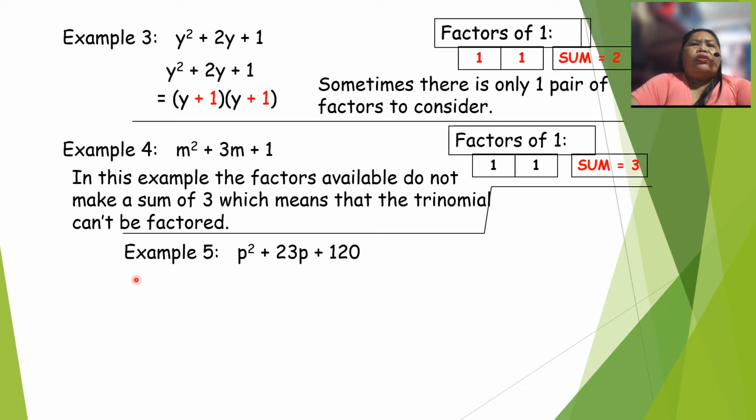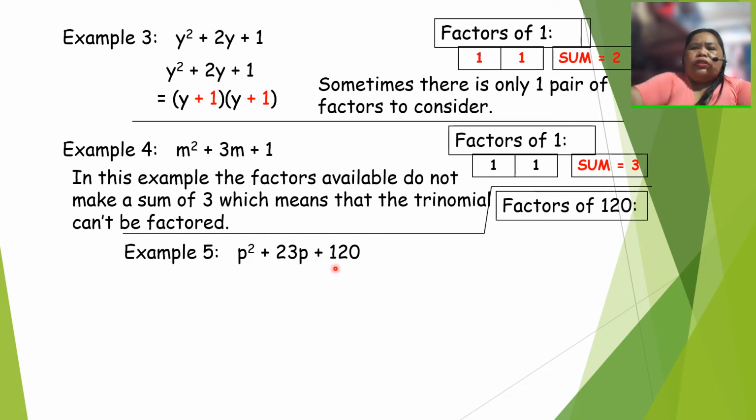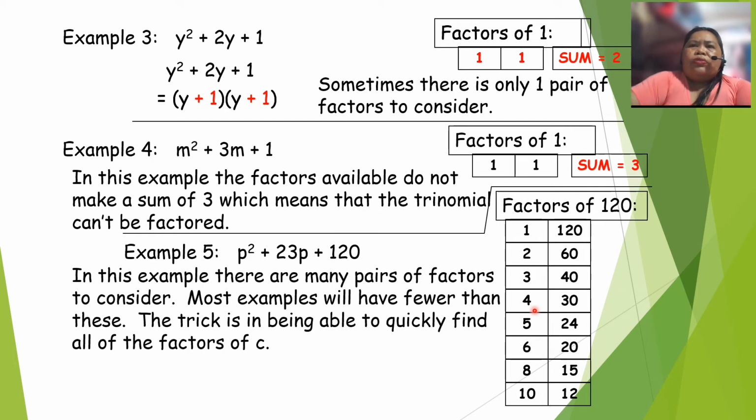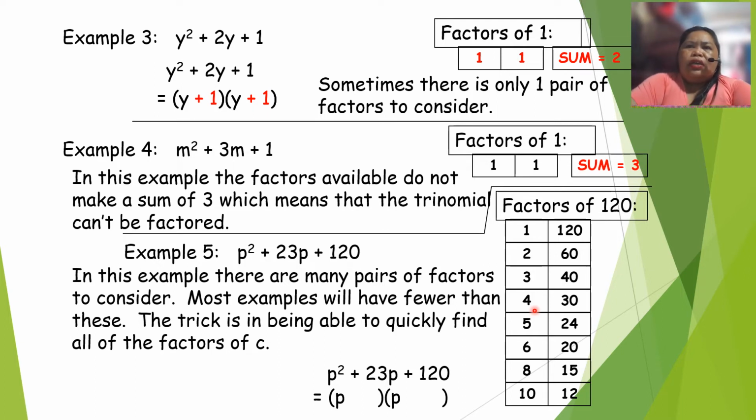For example 5, we have p squared plus 23p plus 120. These are the factors of 120: 1 times 120, 2 times 60, 3 times 40, 4 times 30, and then 5 times 24, 6 times 20, 8 times 15, and 10 times 12.